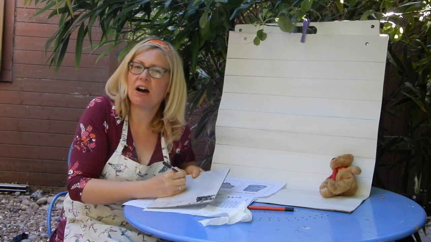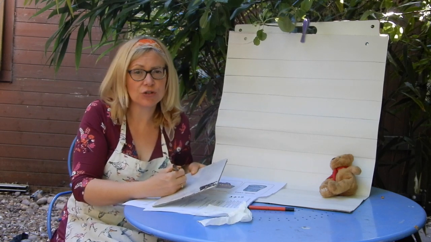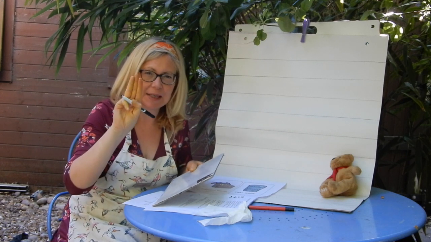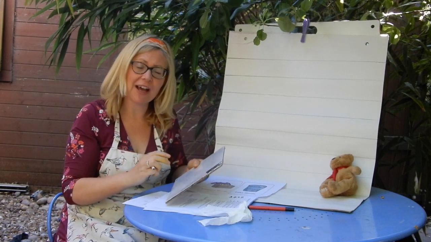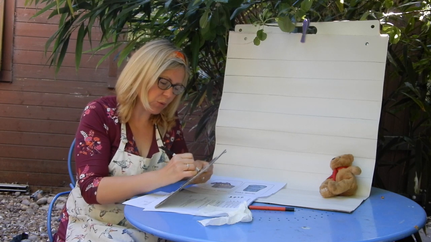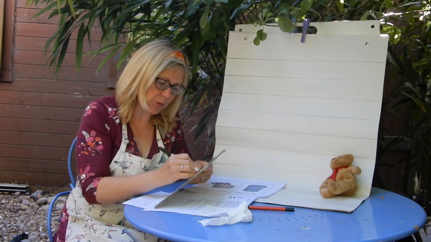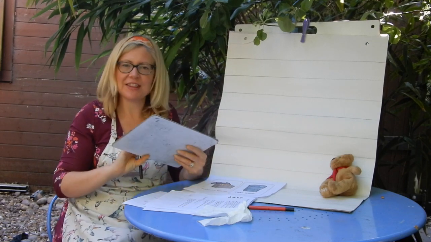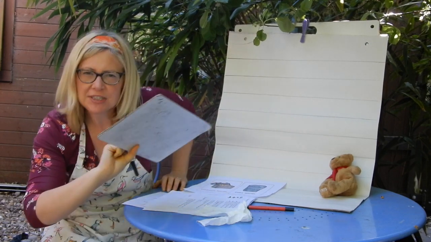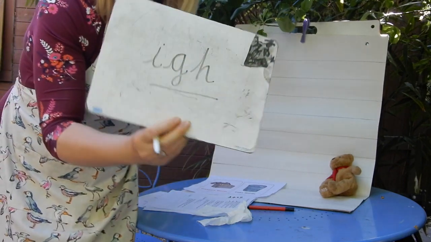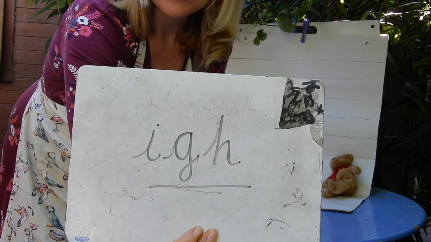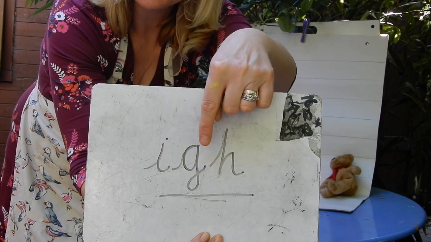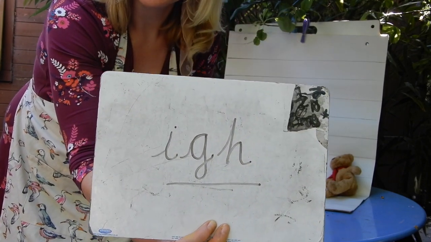Now I want you to do the igh sound. Now igh is a trigraph, so you're going to need three letters making one sound for your trigraph igh. What are they and in what order do they go on your board? Three letters you've got to think of. Pause the video if you're still having to think, but the igh sound is like this: I, G, H, or the letters I, G, H if we're going to use their names.